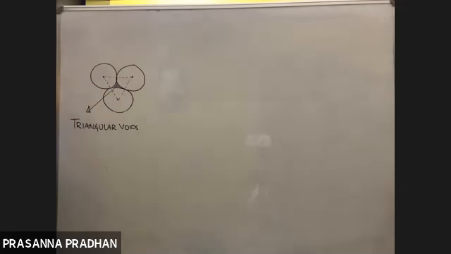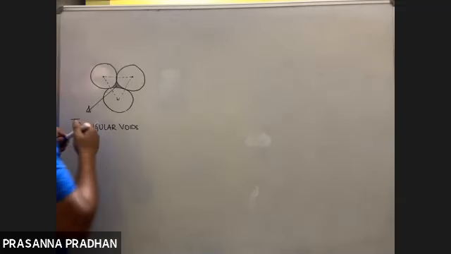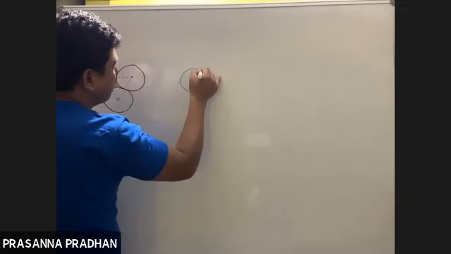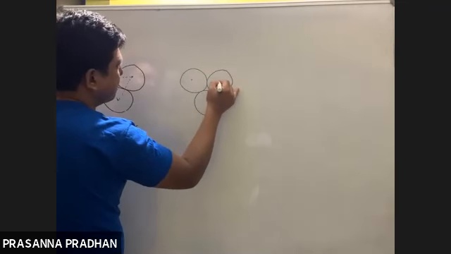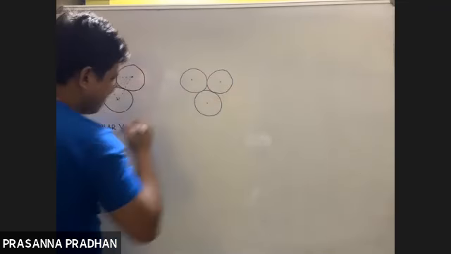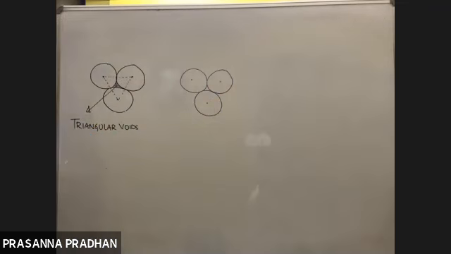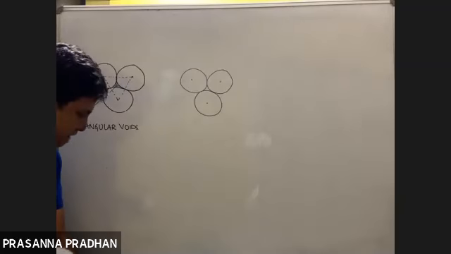Now you need to imagine a bit. These are three spheres, right? Now suppose I have another sphere on top of this.